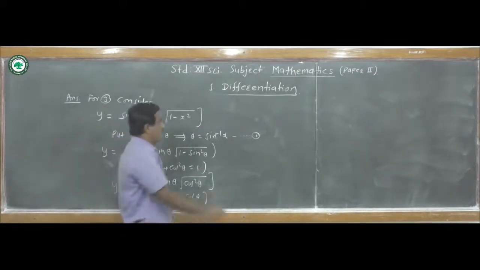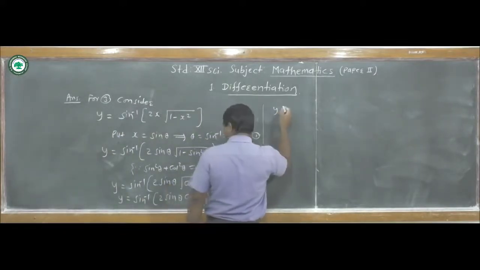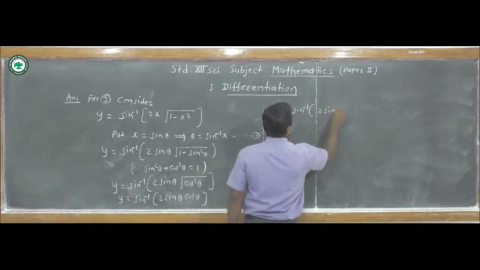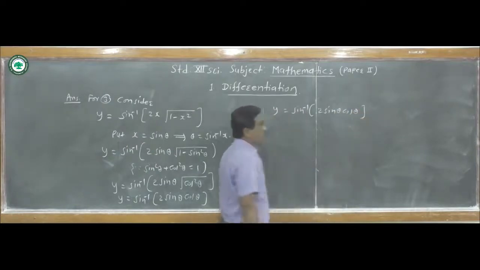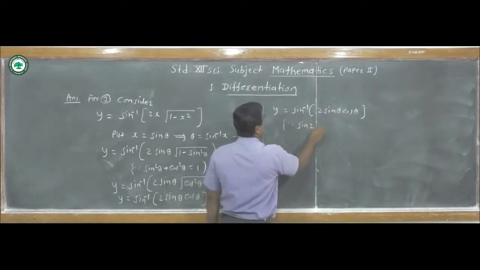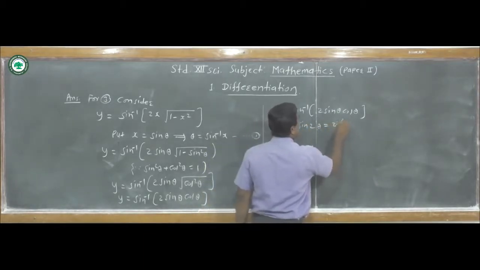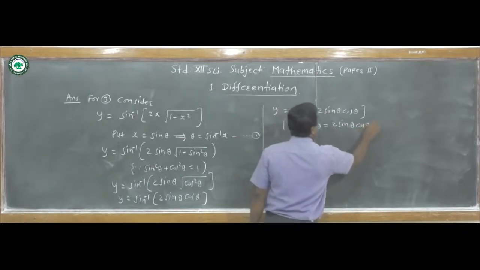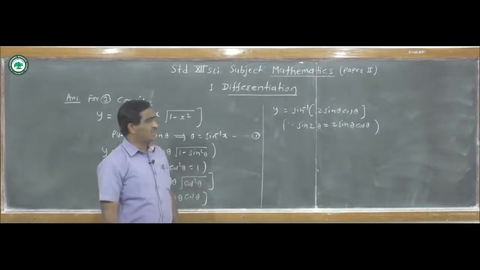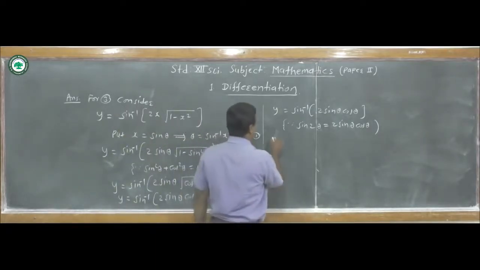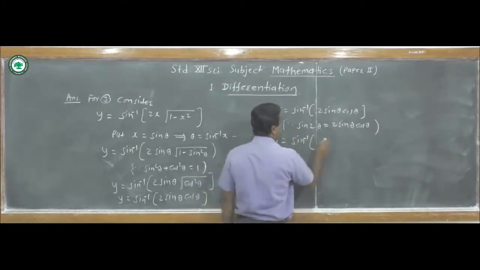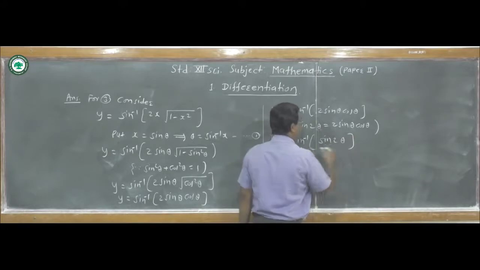Now we know the formula, sine 2 theta is equal to 2 sine theta into cos theta. Therefore, put the value of 2 sine theta cos theta equal to sine 2 theta. Therefore, this equation becomes y is equal to sine inverse of sine 2 theta.